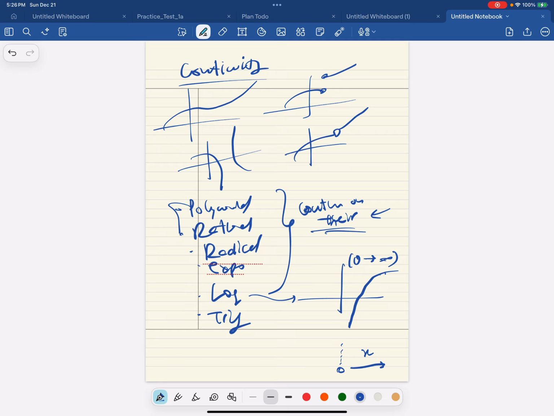And the other ones, exponent, radical, rational, polynomial, they all exist on all x's, so on R, all the real numbers, as long as it is not divided by 0. That will usually happen if it is a fractional function, something over something. And as long as the bottom is not equal to 0, then it will exist.